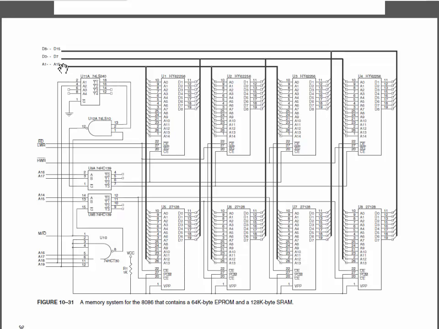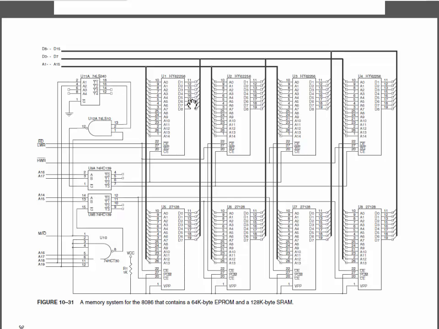This is D0 through D7. It goes to this bus right here, and it goes to this bus right here, and then as we go across here, it goes down to these two right here. So these memories are separated out.